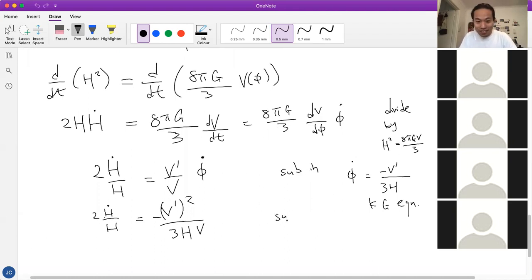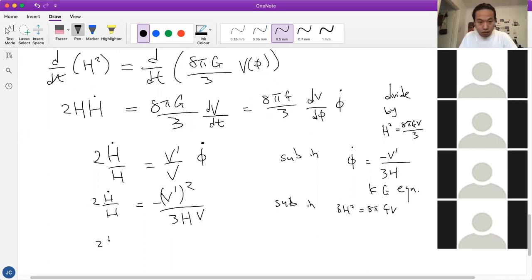So you sub in 3h squared is equal to a pi g v. So then you get 2h dot on h is equal to minus v dash squared on v.